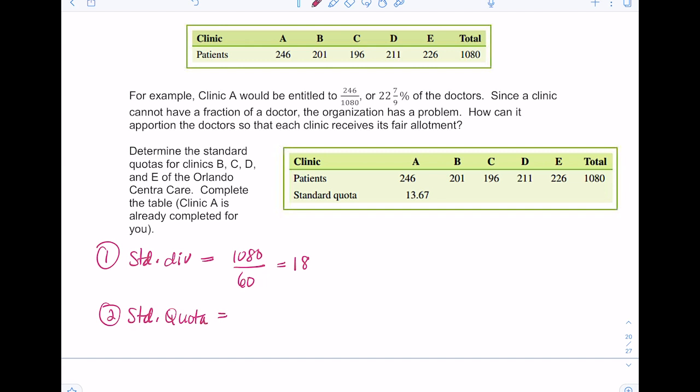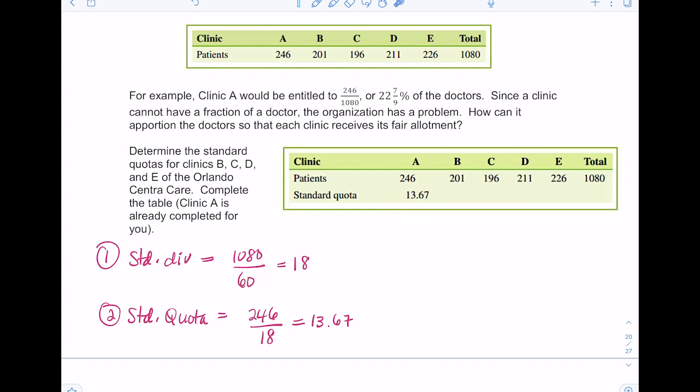The standard quota is the population that clinic serves divided by the standard divisor. For Clinic A, that's 246 divided by 18, which gives us 13.67.